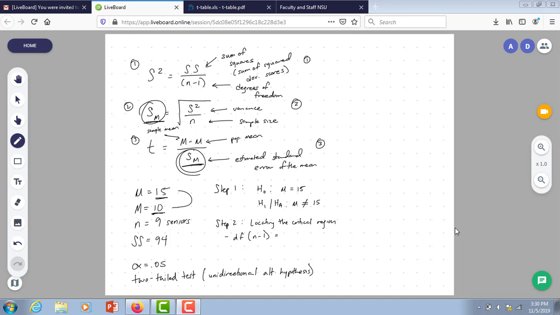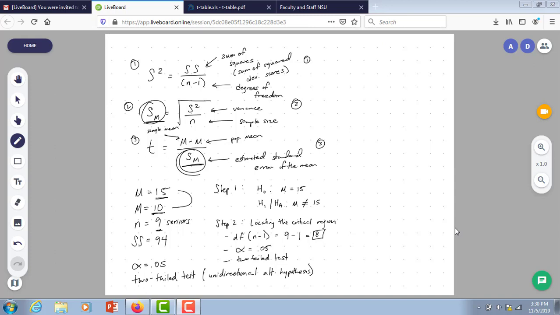So we have a sample of non-seniors, so our degree of freedom can be gained by subtracting 1 from 9, and that will yield us 8. We will need our alpha level, which is 0.05, and we will also need whether or not it's a two-tailed test or a one-tailed test. We know that it's a two-tailed test, as we previously discussed.